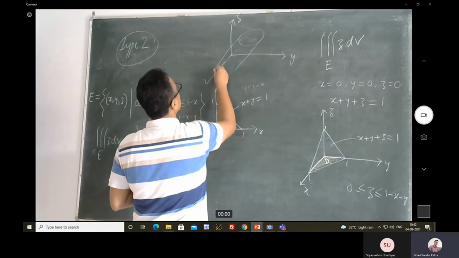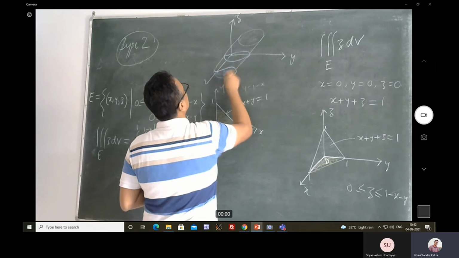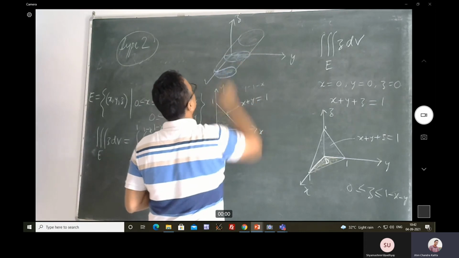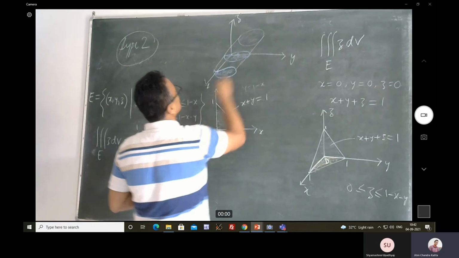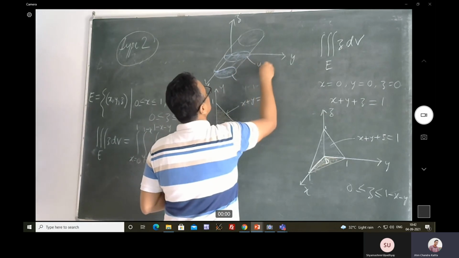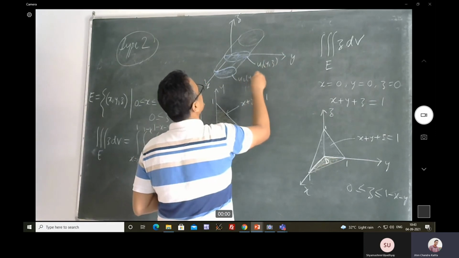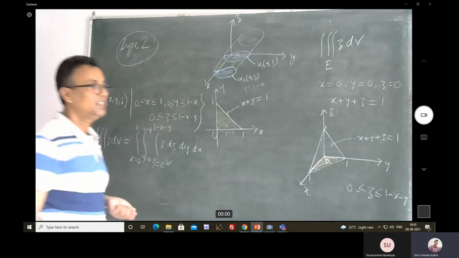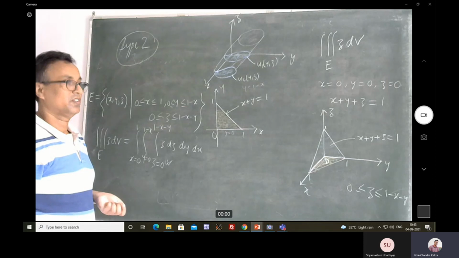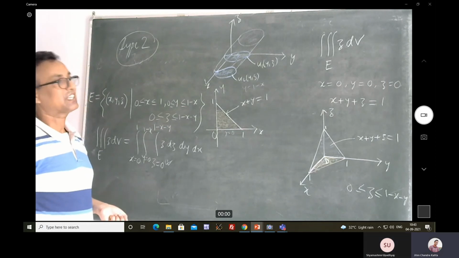I am going to have a situation like this. Here x is going to be bounded by two surfaces, u1(y,z) and u2(y,z), in a type 2 region. Fine? Similarly, you can visualize type 3 also.